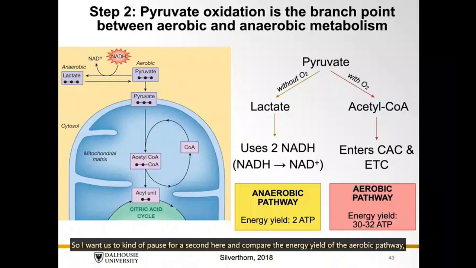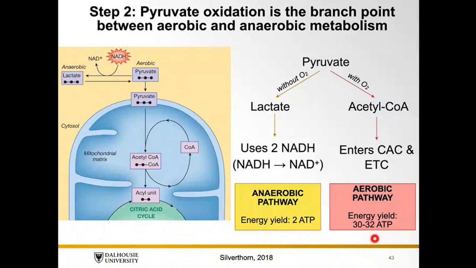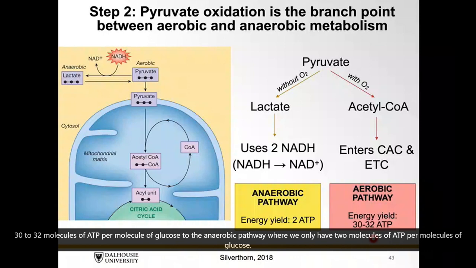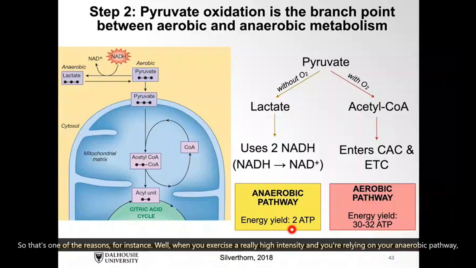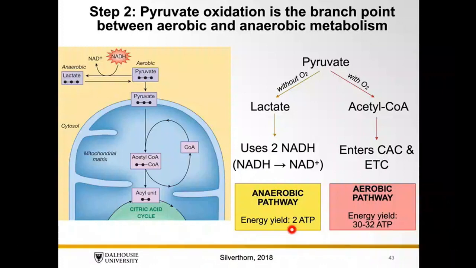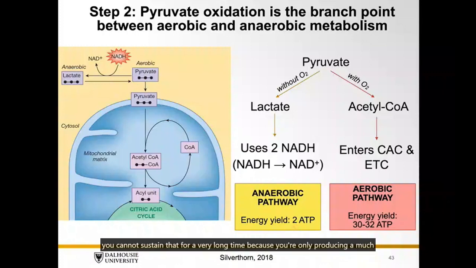I want us to pause for a second here and compare the energy yield of the aerobic pathway, 30 to 32 molecules of ATP per molecule of glucose, to the anaerobic pathway, where we only have 2 molecules of ATP per molecule of glucose. That's one of the reasons why, when you exercise at really high intensity and you're relying on your anaerobic pathway, you cannot sustain that for a very long time, because you're producing a much lower amount of energy than if you were relying on your aerobic pathways.